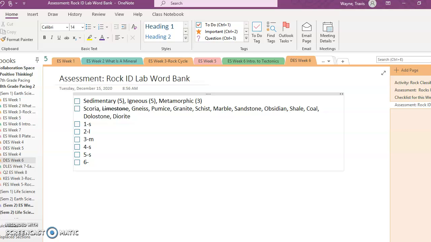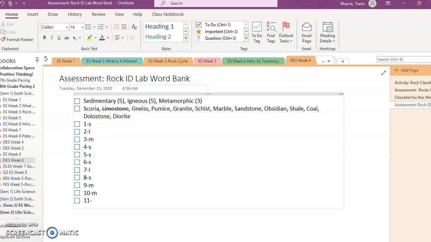This is your middle column. As I'm filling this out, this will help guide you a little bit in regards to where you should direct your attention. For example, number 9, which I'm typing in right now, is a metamorphic rock. That means on that website, you should be looking under metamorphic to identify the rock's name.